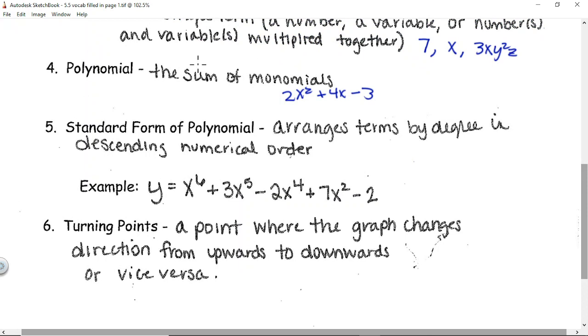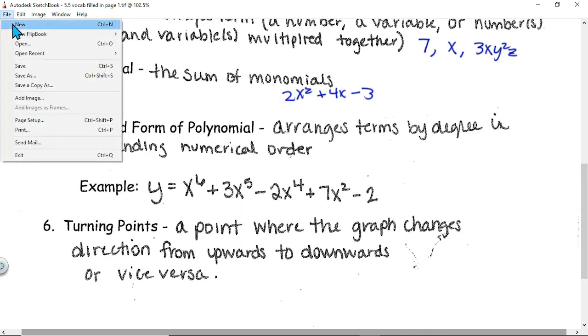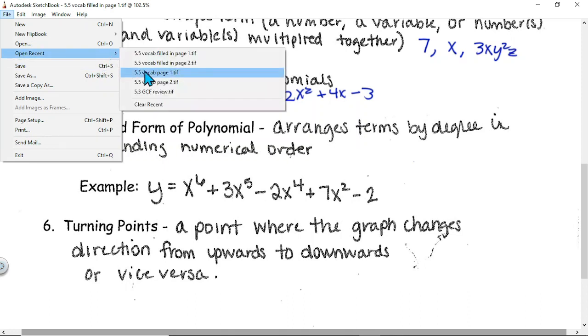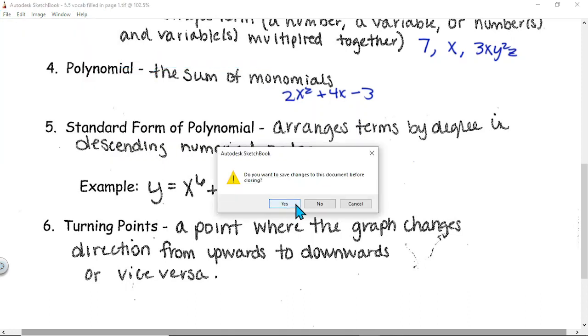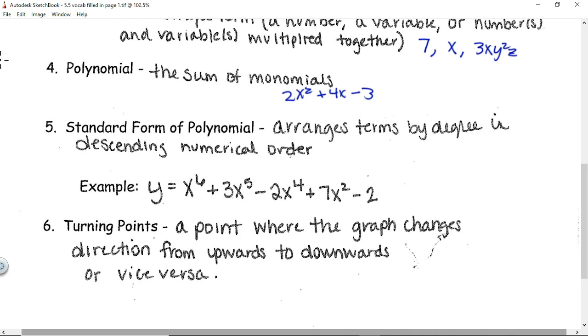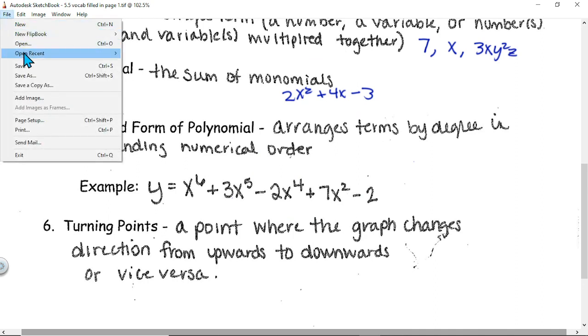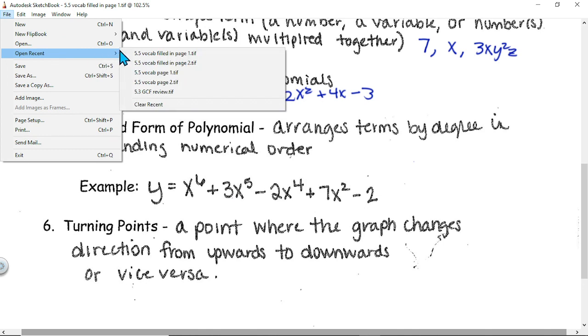Okay, so let's look at the next page. I'm trying to get this again. I'm not getting this. Open recent. Here we go.